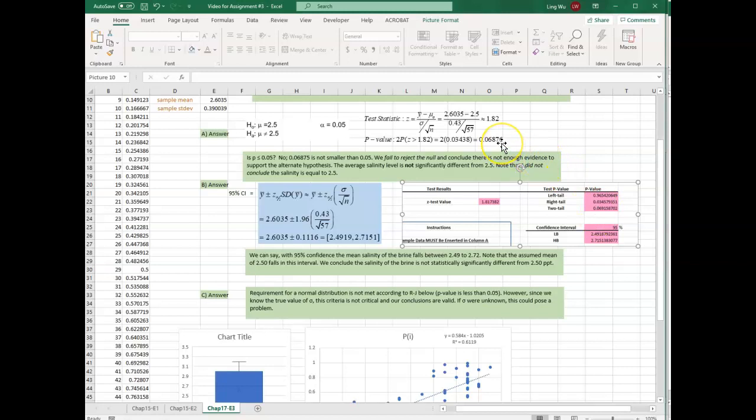It's a little more accurate than this value because 1.82 is an approximation, but this value is calculated using the exact one. And then the 95% confidence interval lower bound 2.49 agrees with this one, and the upper bound 2.7151 agrees with this value. So that gives us the result from the templates.